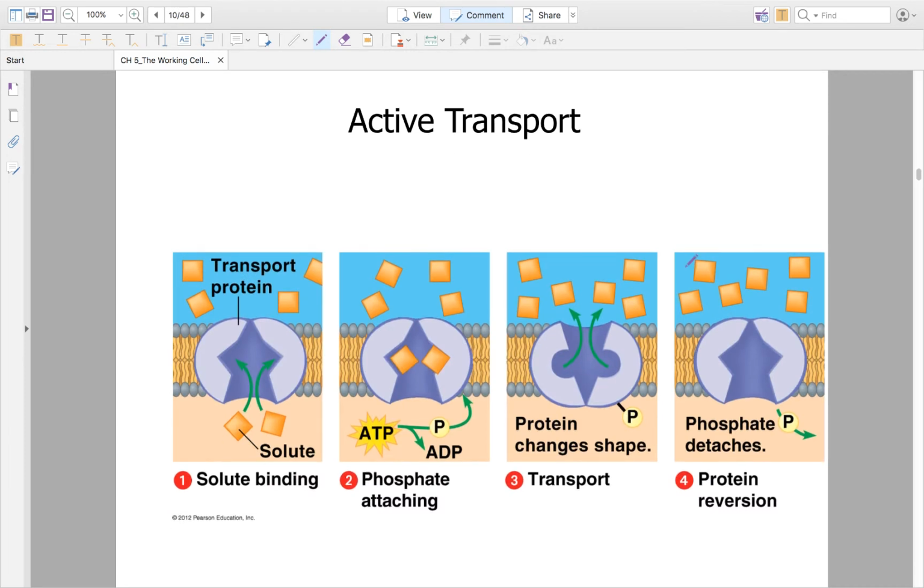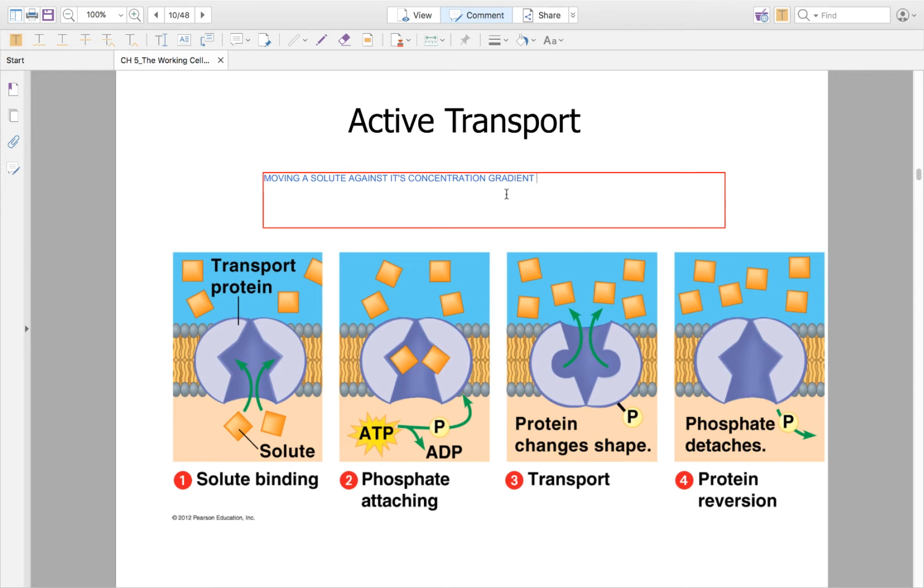Then we have active transport. That is moving something against its concentration gradient. So this is moving a solute against its concentration gradient.